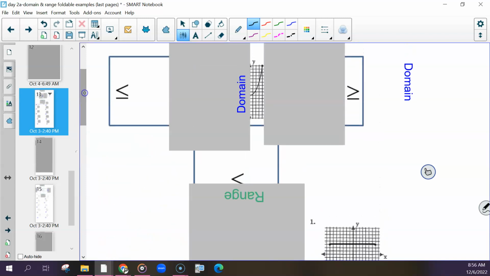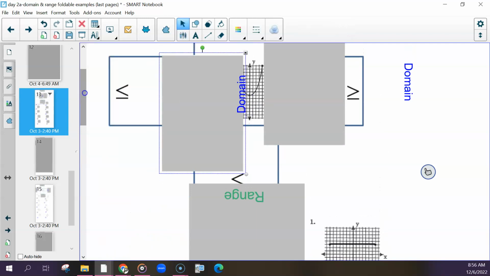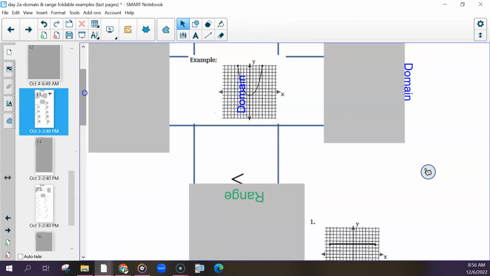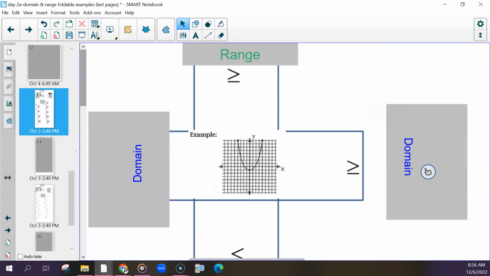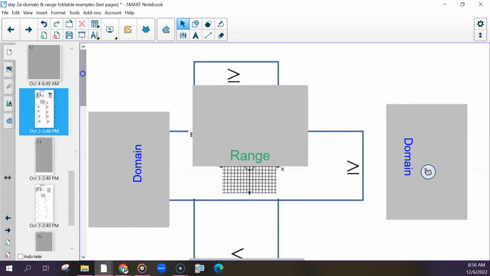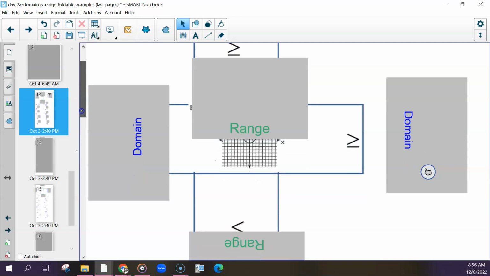Right? Now we're going to look at range. So we're going to take the top and bottom. And let's do our lowest point first. So take the top and put it up against your x-axis. And the bottom, where the bottom of the graph is.